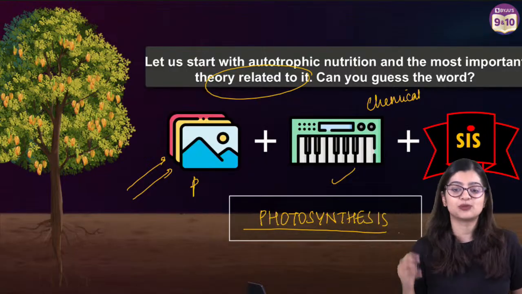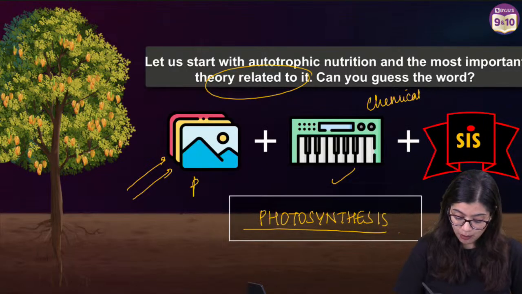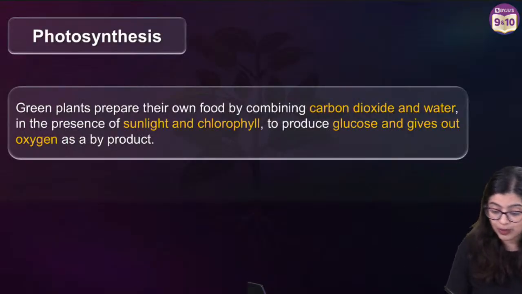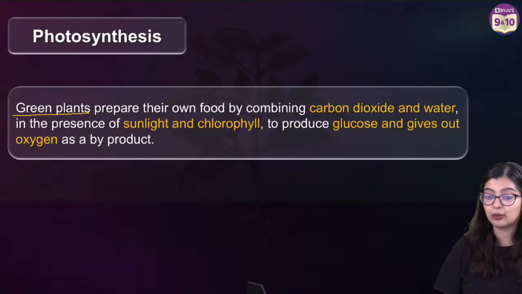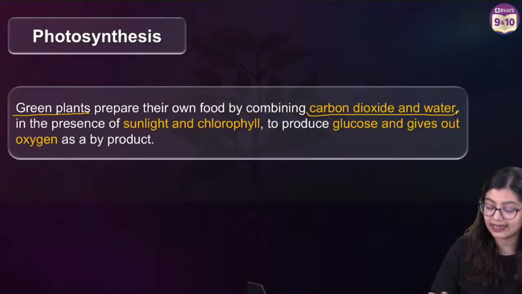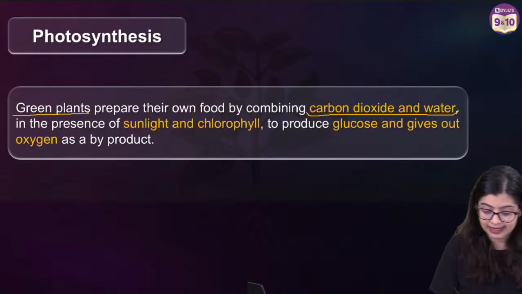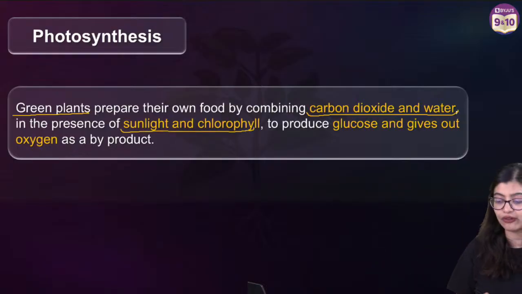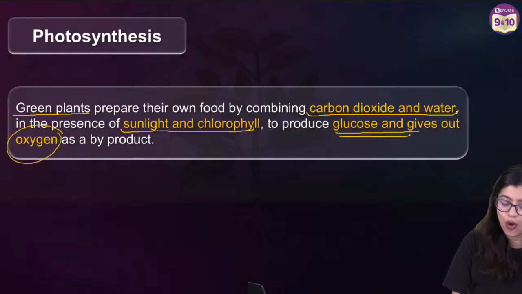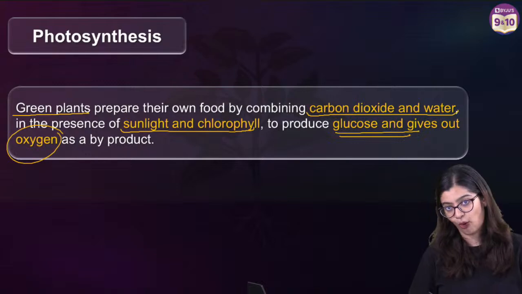So what is this photosynthesis? First and foremost, photosynthesis is a process by which green plants prepare their own food by combining carbon dioxide and water in the presence of sunlight and chlorophyll in order to produce glucose and give out oxygen as a byproduct.